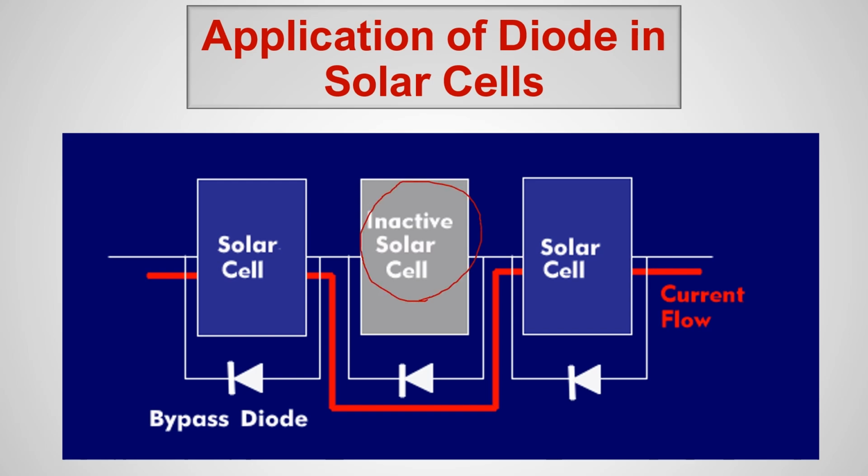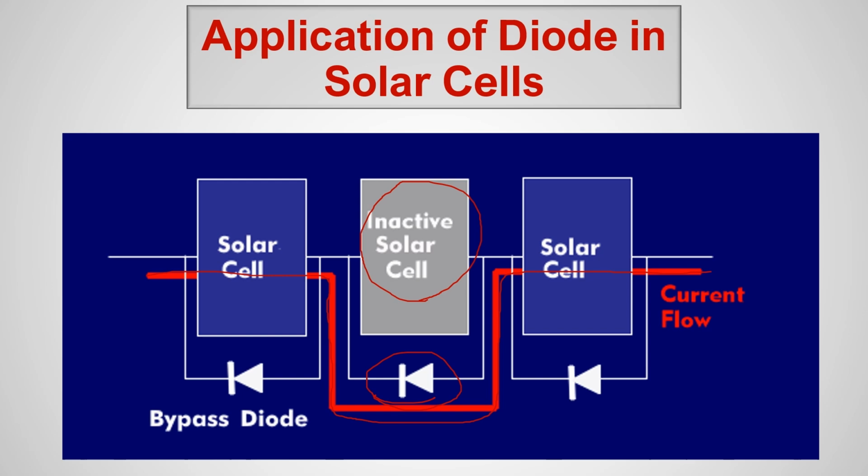Because of the shading problem, it becomes a high resistance. So now the current will start to flow through the diode instead of flowing through the solar cell. This is the idea, and this is the application of the diode.